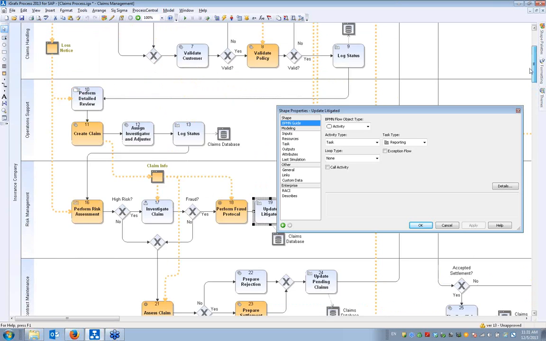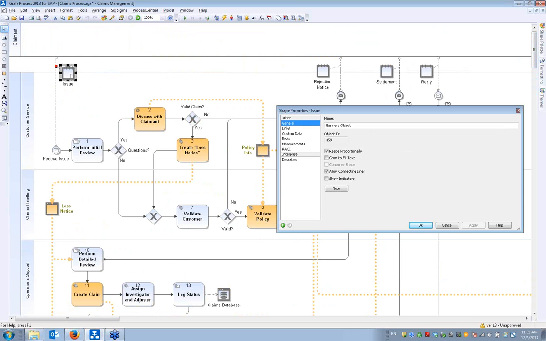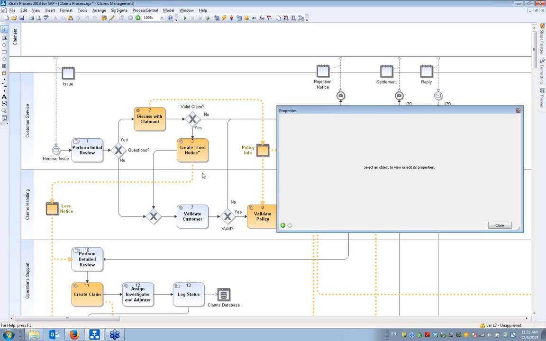In addition, I've also modeled business objects like the issue or the rejection notice, and information objects like the loss notice and policy information. These flow through the information flows in the process model that I've highlighted in orange, and I've also highlighted the activity steps those information flows touch in orange.